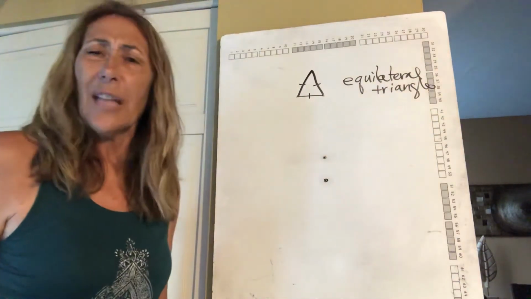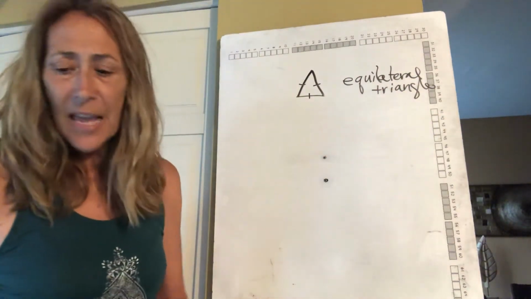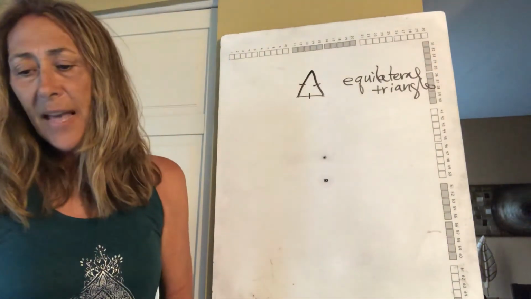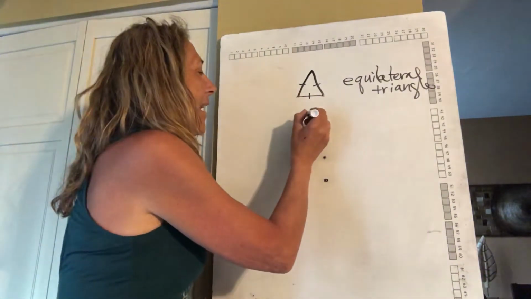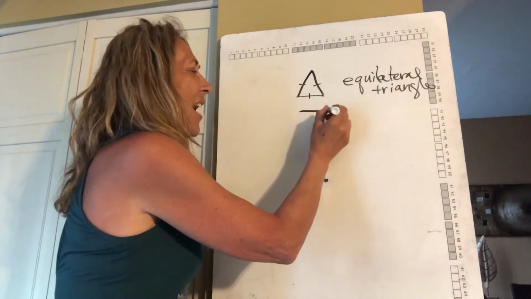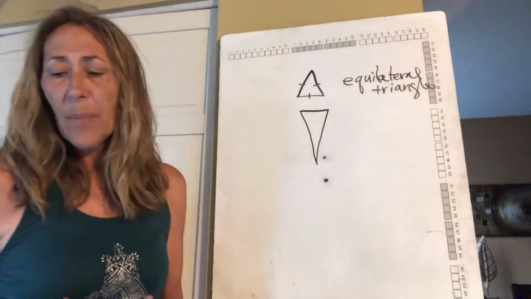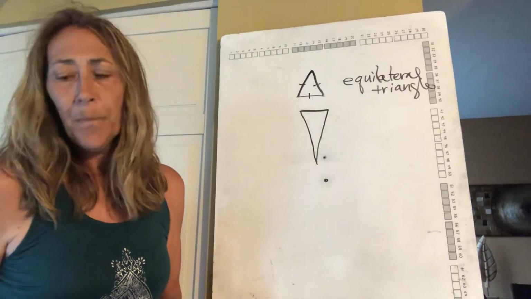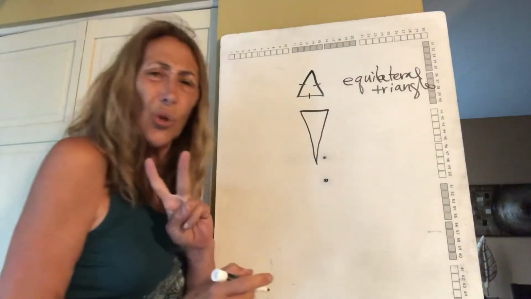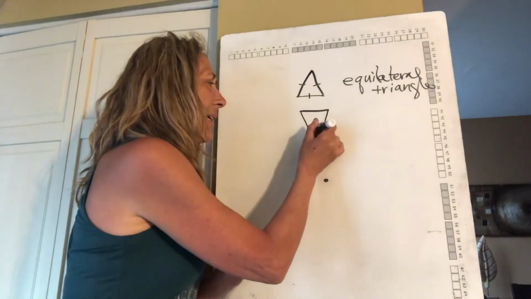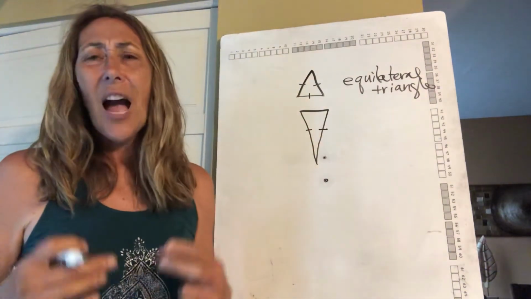So that's an equilateral triangle. And then I have one that, I'm going to do it this way because this is how I generally like to introduce it or think about it, because then it's easy to remember. And this one has two sides. Those two sides are equal.